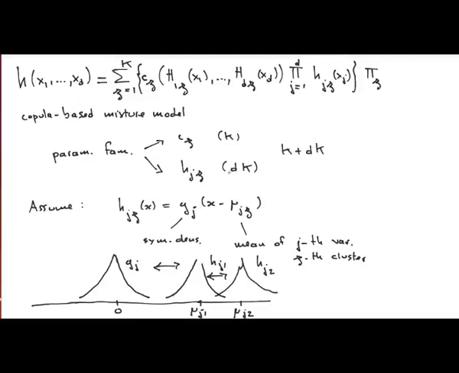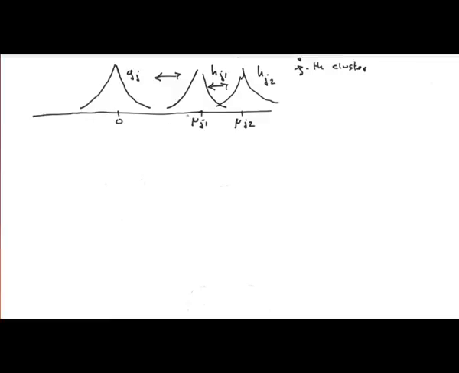Okay, now let's see what happens in 2 dimensions. Let's draw the first variable around here, j equals 1, and the second variable around here, j equals 2.